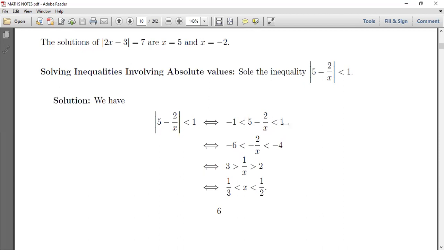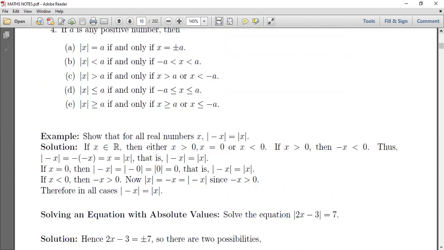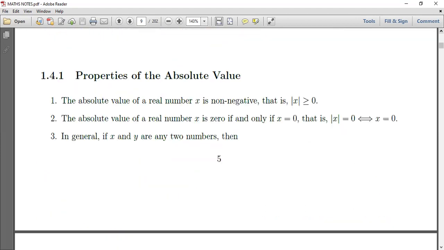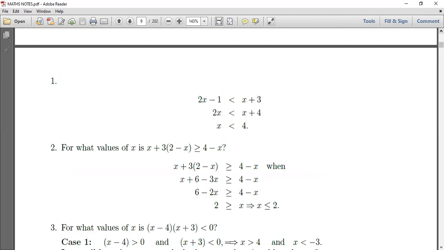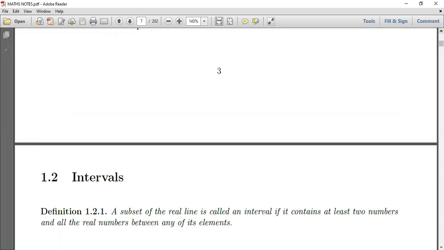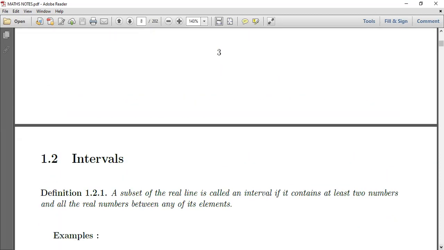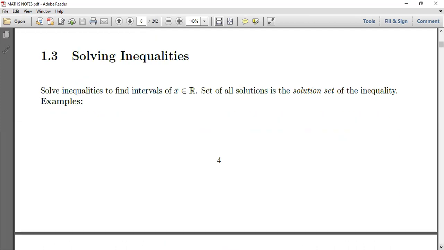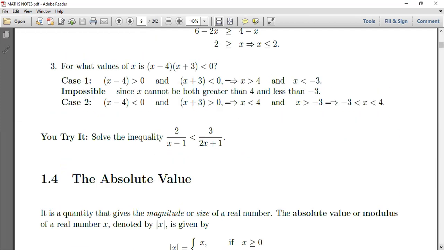These are the properties that we talked about under properties of modulus. If you go to the properties of modulus above, these are the properties that we are now applying. These are the properties of absolute values.